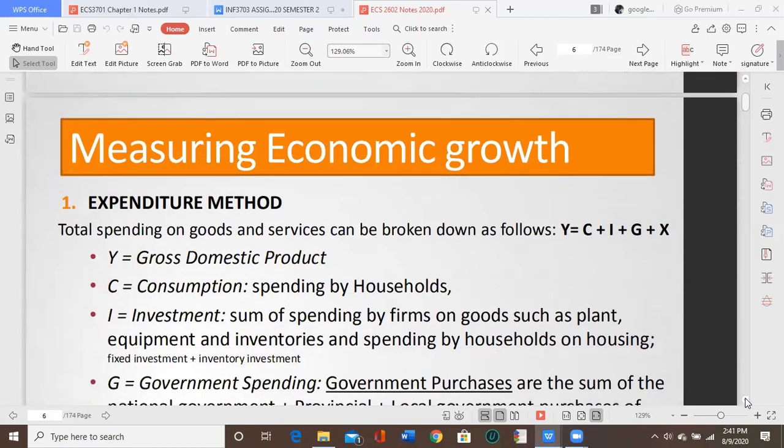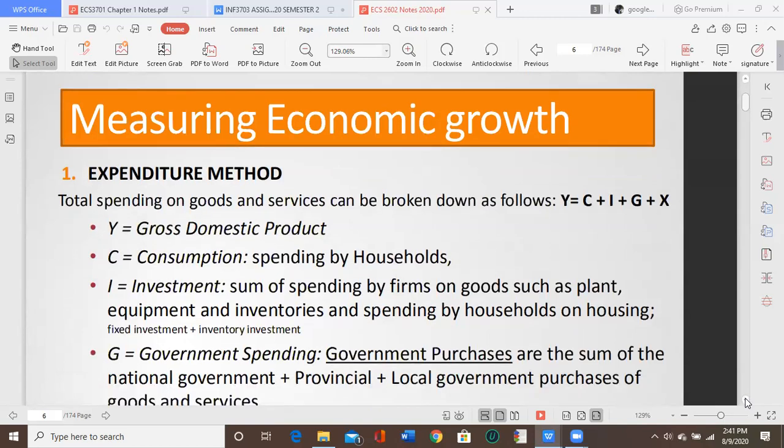From those three approaches, let's now take a look at how we use them. At first, when we want to calculate GDP using the expenditure approach, what do we simply do? We take into account this small equation.